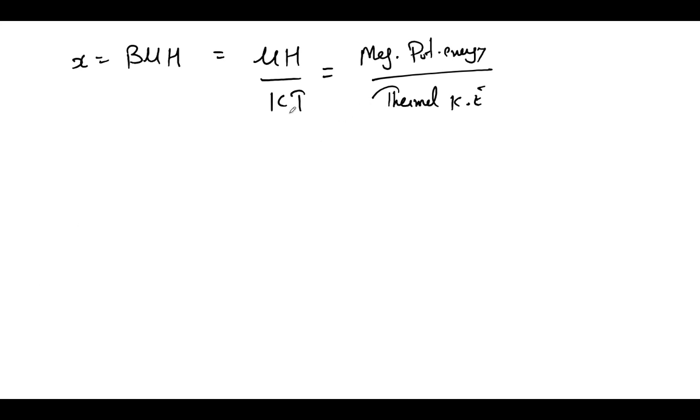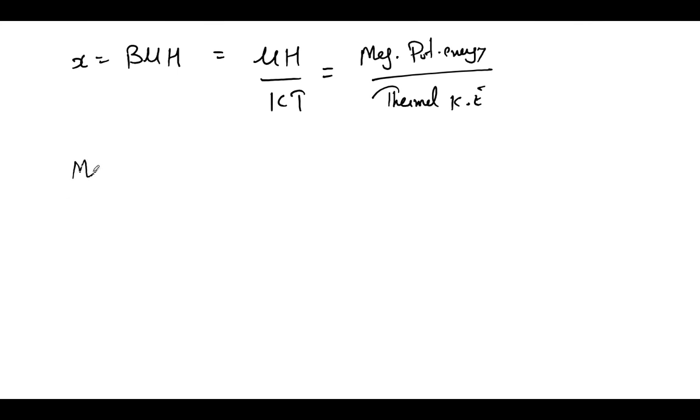As the temperature is increased, the thermal agitations hinder the value of this mu H, and due to that we get less magnetization of the system. So the parameter x measures the strength of potential energy, and it compares the value of this potential energy with respect to thermal kinetic energy.